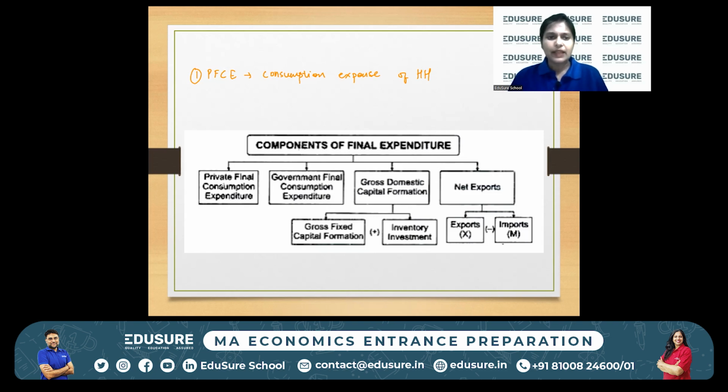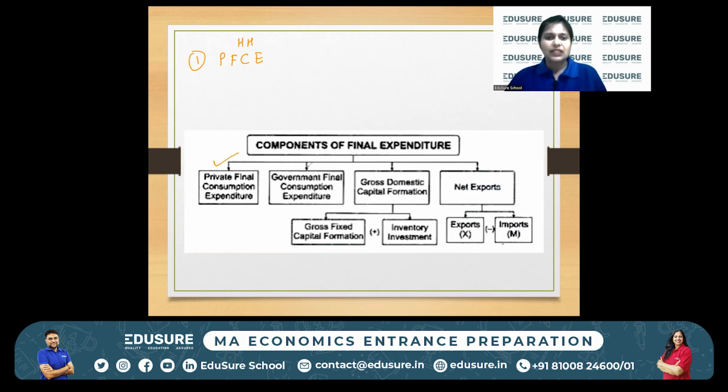So let's look at the name again. Private, so that is households, final consumption expenditure. So consumption is technically called private final consumption expenditure. That becomes the first term, that is the expenditure of households.